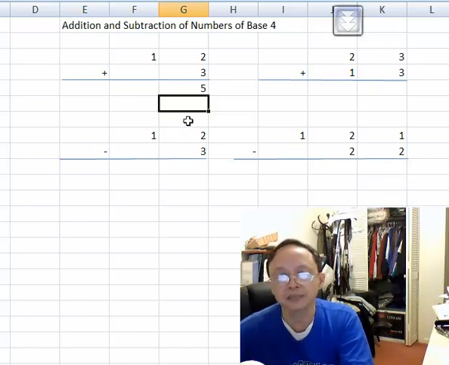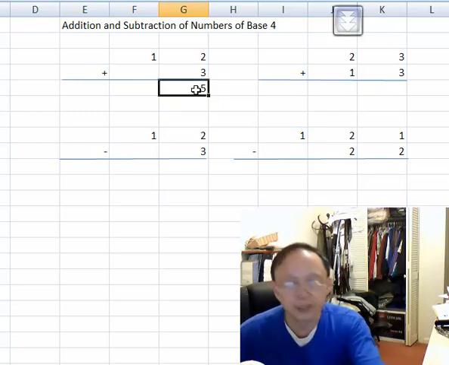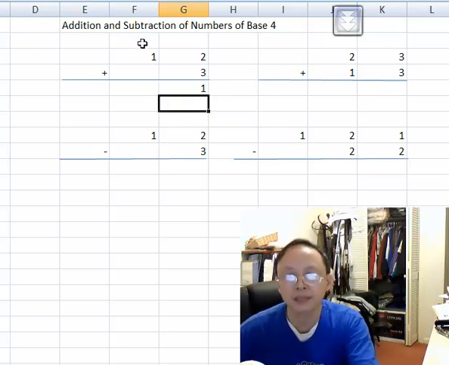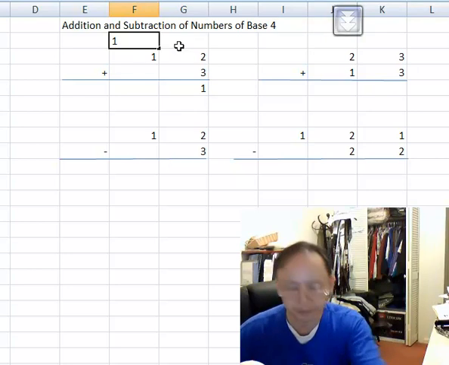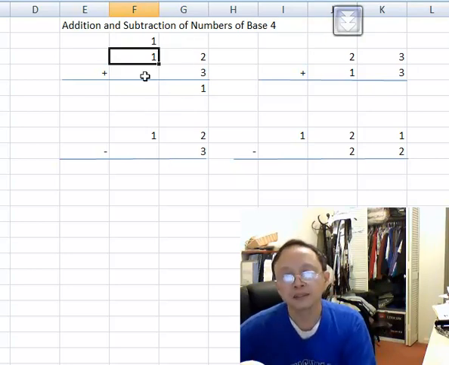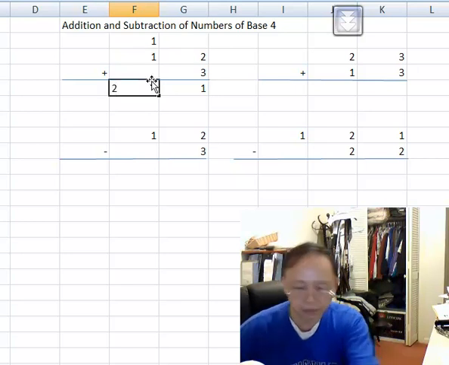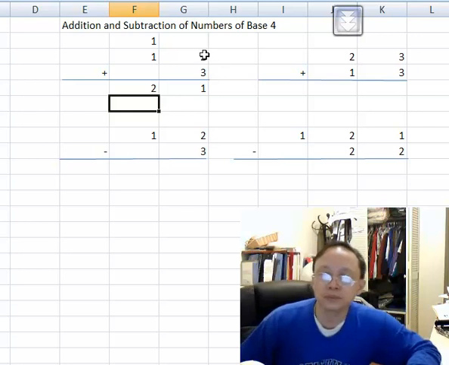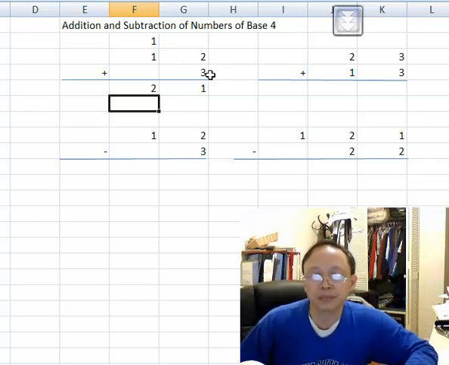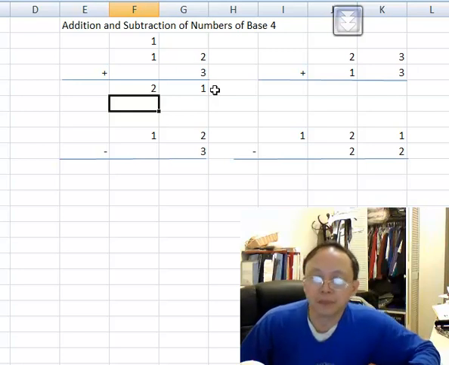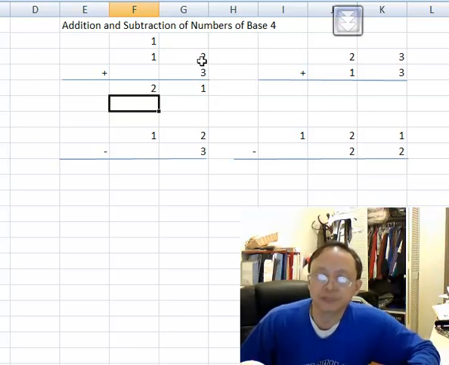So 5 in base 4 is 1 and carry 1. So here you get carry 1. So now 1 and 1, so you will get 2. So 1, 2 base 4 plus 3 base 4 is equal to 2, 1. So remember, I want to repeat that again. When your sum is bigger than 4, you will have carry to the other side.